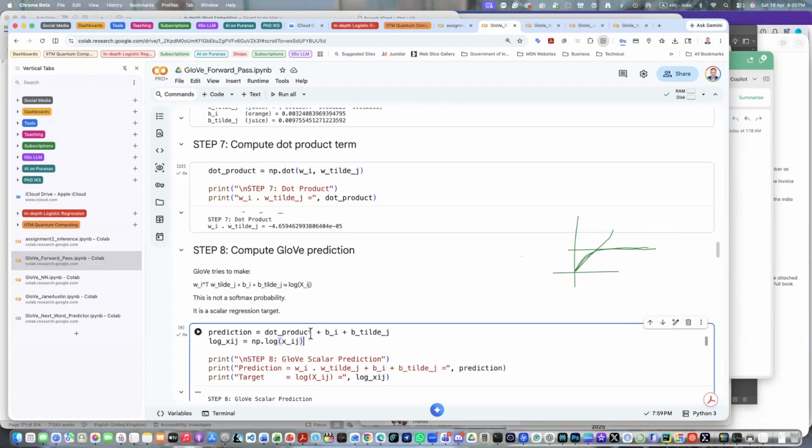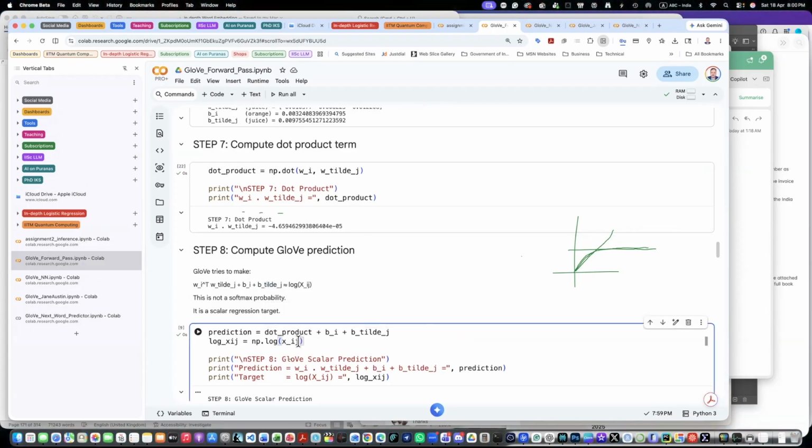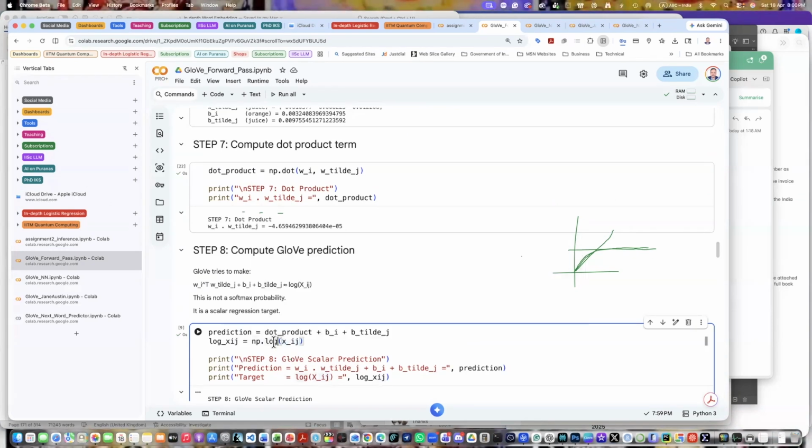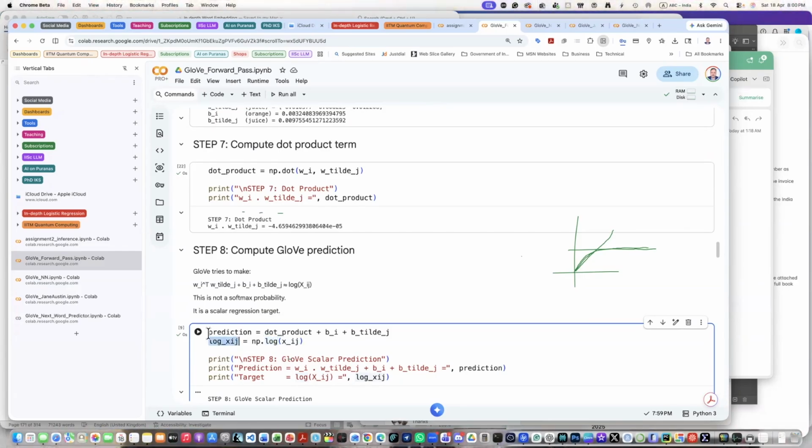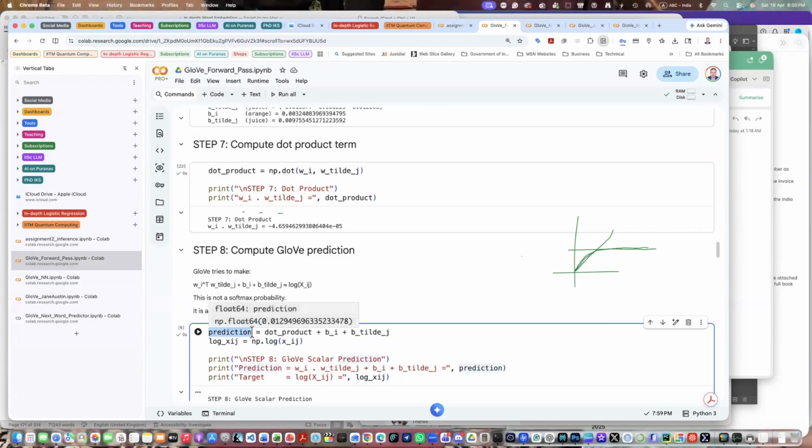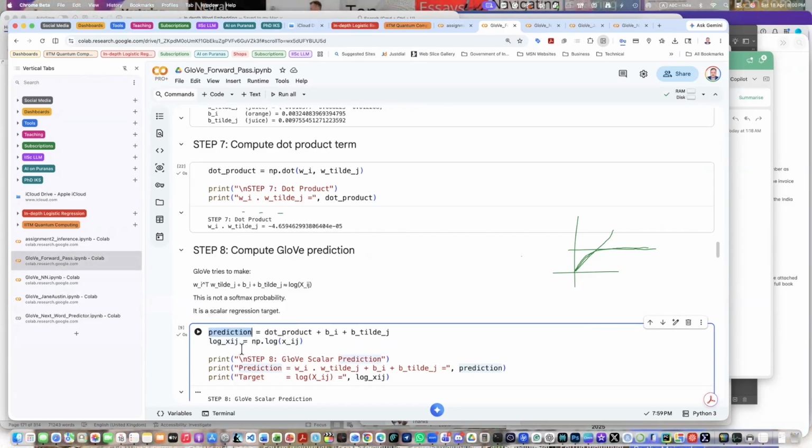This prediction has to be as close as possible to, remember xij, the log of xij. So if I make a function like prediction minus log xij, and I minimize that, it effectively becomes my loss function.